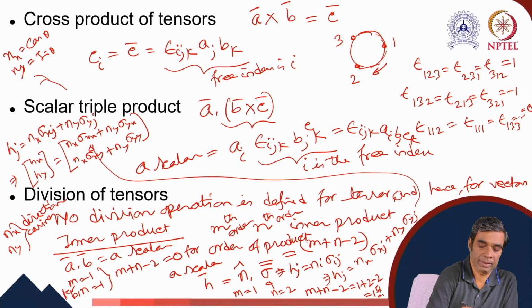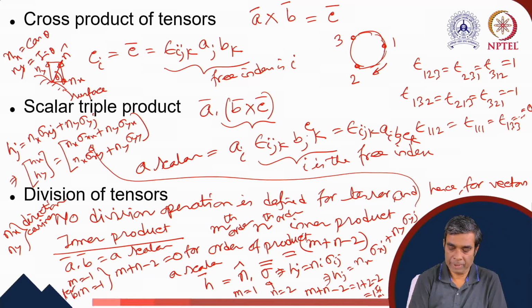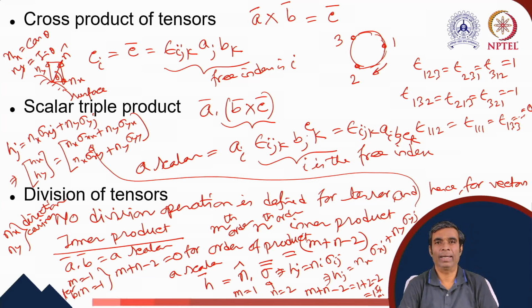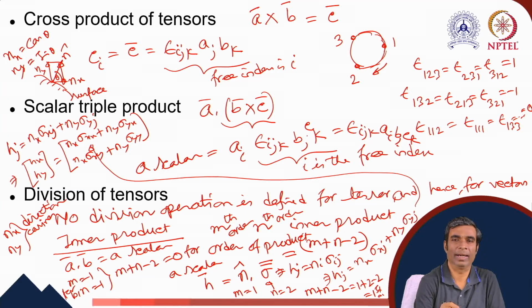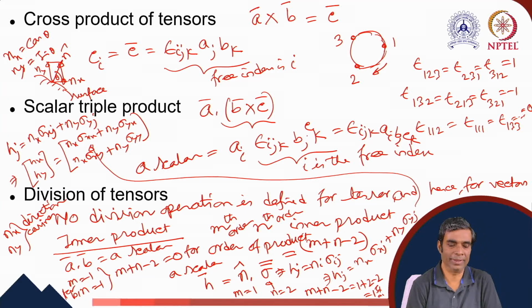If this is the surface, and this is the unit vector n cap, then this x component is nx, this is ny, and this is the angle theta. Because of space, I could not show it properly, but remember that nx, ny and nz are the components of the unit normal to the surface. They are known as the direction cosines, and they are shown in this sketch. I have shown nx and ny: nx is cos theta and ny is sin theta.